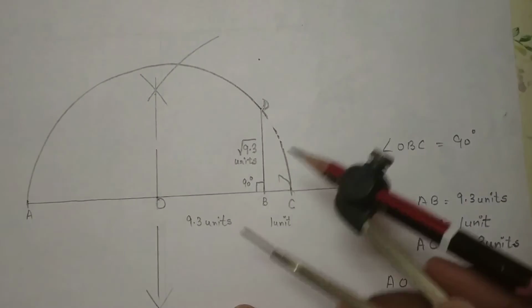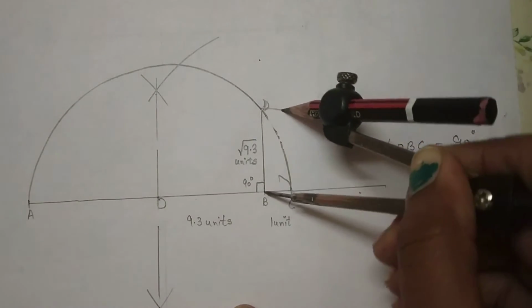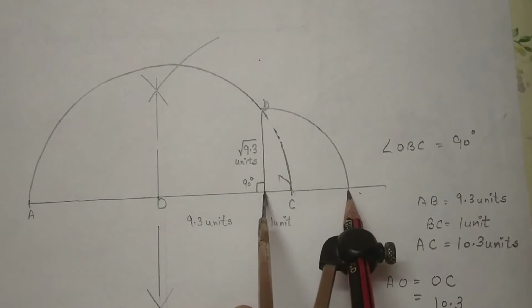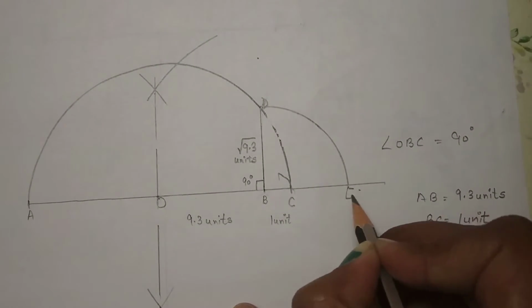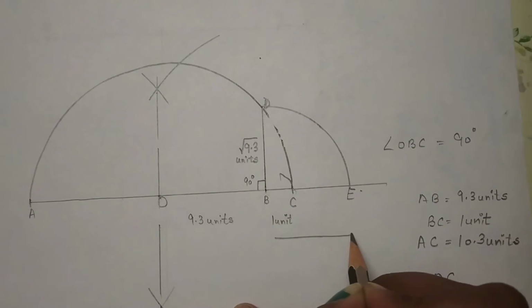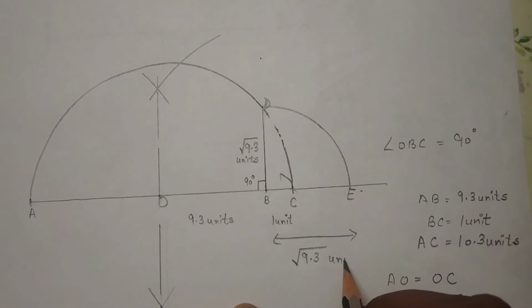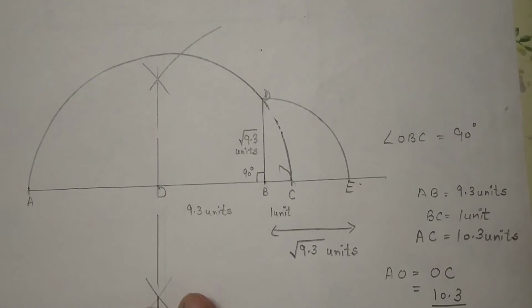Now taking the radius BD and center at B, I will draw an arc which will touch the line segment. Right? Now this BE is root 9.3 units on the number line, which was required.